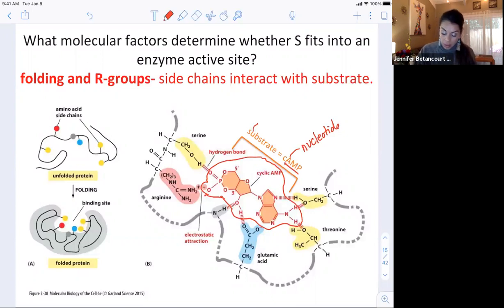So a substrate can be, again, any small molecule with a favorable affinity to the enzyme's active site. And that cuts down your options. In that active site, there's very specific R groups that stick out. Not any molecule can fit there. The affinity has to match or has to be favorable.